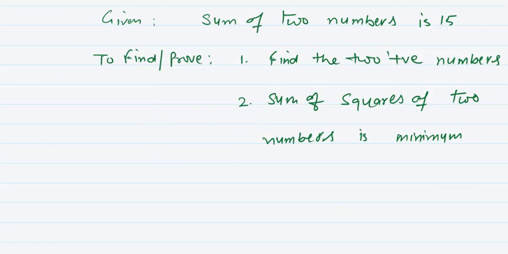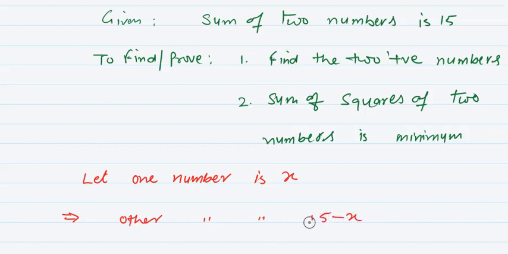Let one number be x. So you know very well that the other number is 15 minus x.